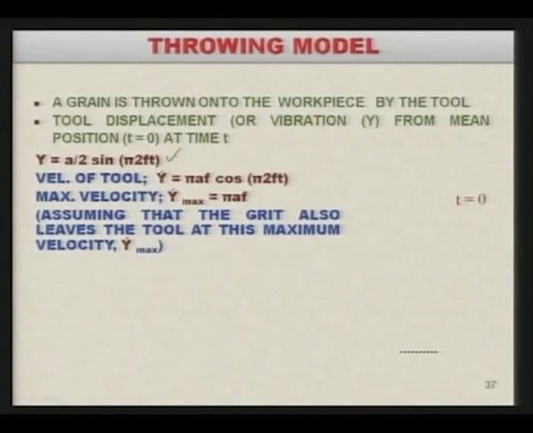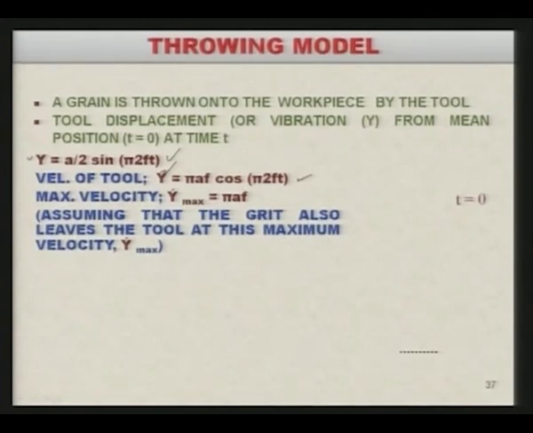Now, where f is the frequency, t is the time, a by 2 is the amplitude of vibration. Now, the velocity of the tool, which is vibrating and whose vibration is controlled by this equation, we can find out by differentiating this equation with respect to time t, and that is given over here: y dot, the velocity of the tool, becomes equal to pi a f cos 2 pi f t.